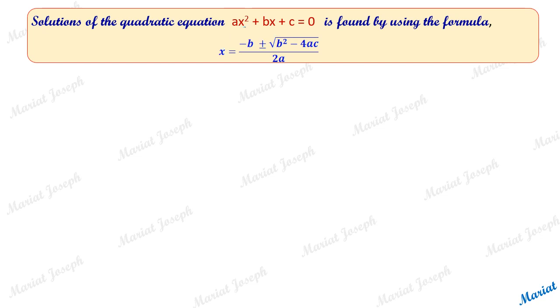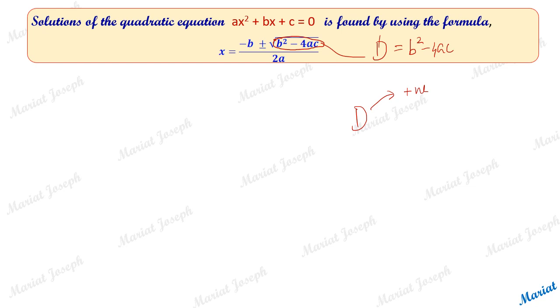Now, while doing this in lower classes, you must have been told something specific about this particular expression which is written under the radical sign, that is b² − 4ac. This part is called the discriminant of the equation. If the discriminant is positive, then there are two distinct real roots.